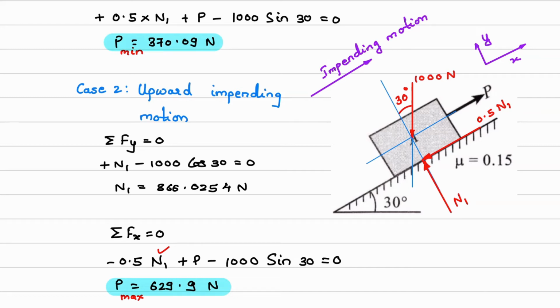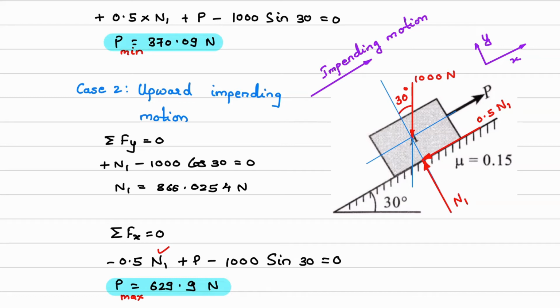If the effort applied is less than 370.09 Newton, the block will move in the downward direction even though the force is in the upward direction. And if the force applied is greater than 629.9 Newton, then the block will move in the upward direction.